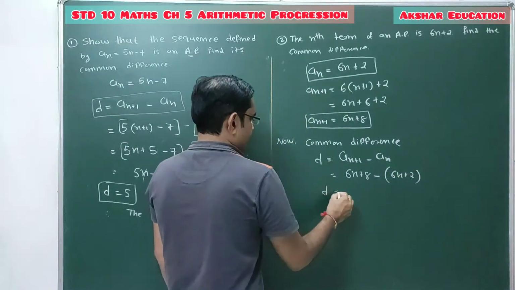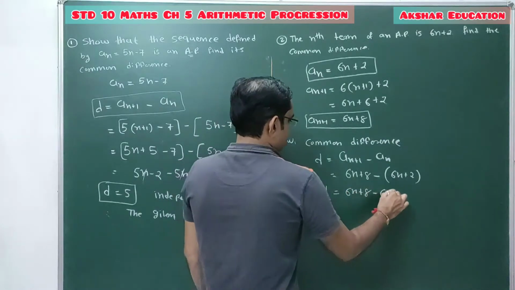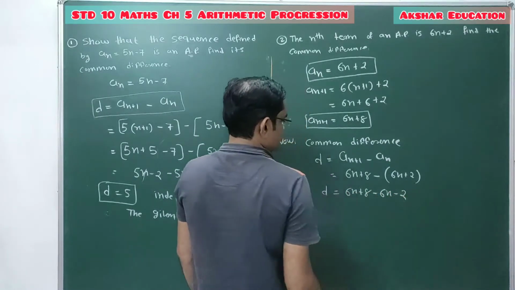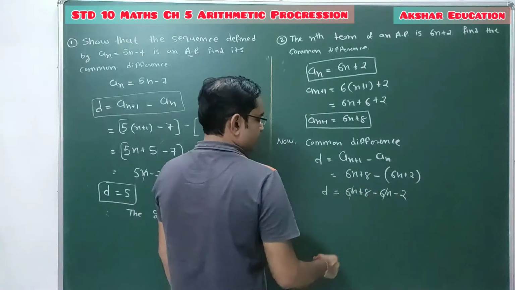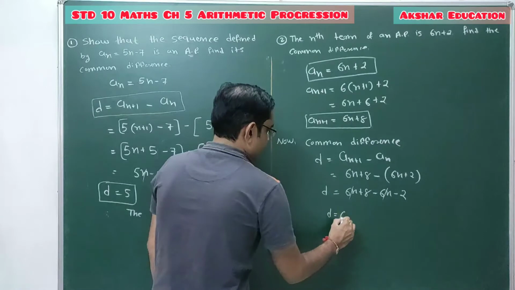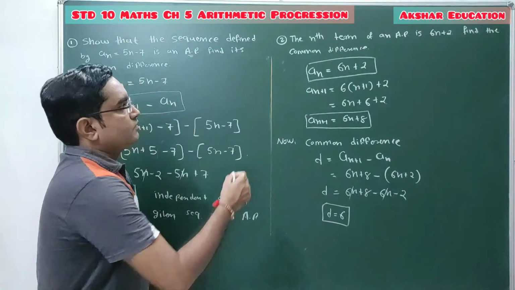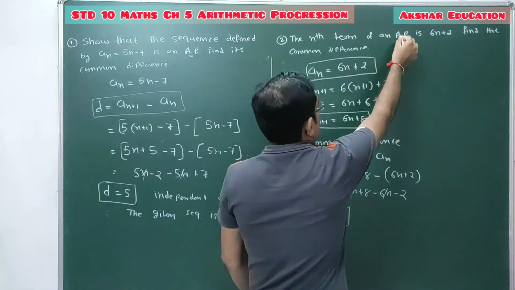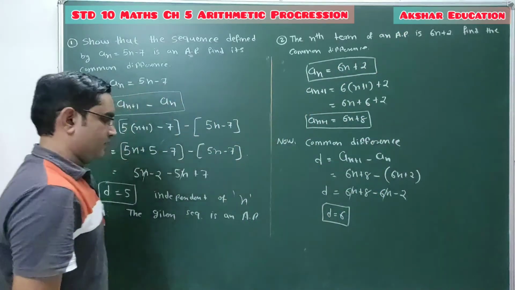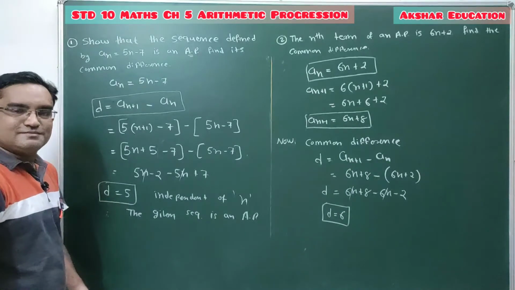Open the bracket: d equals 6n plus 8 minus 6n minus 2. The 6n and minus 6n cancel, and 8 minus 2 is 6. So the common difference d of this arithmetic progression is 6. Clear, students? Pause the video and note it down.